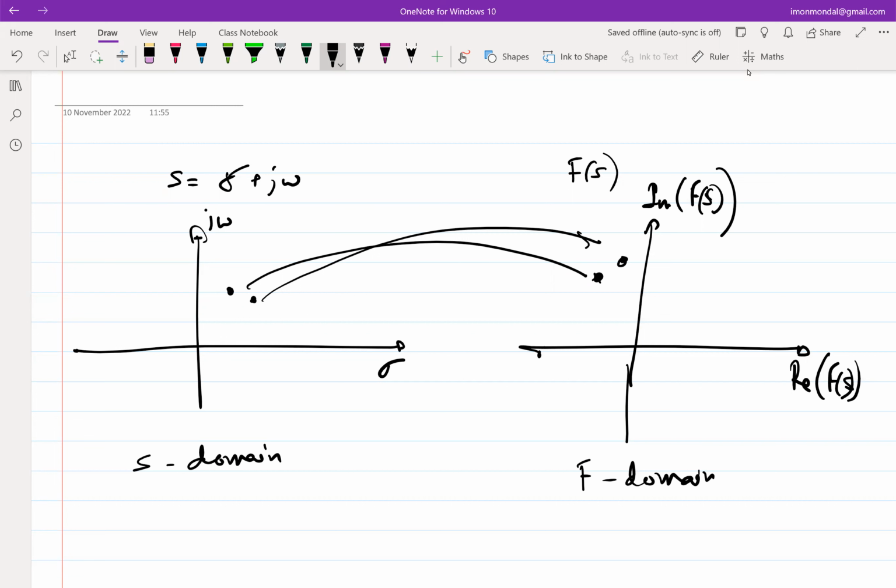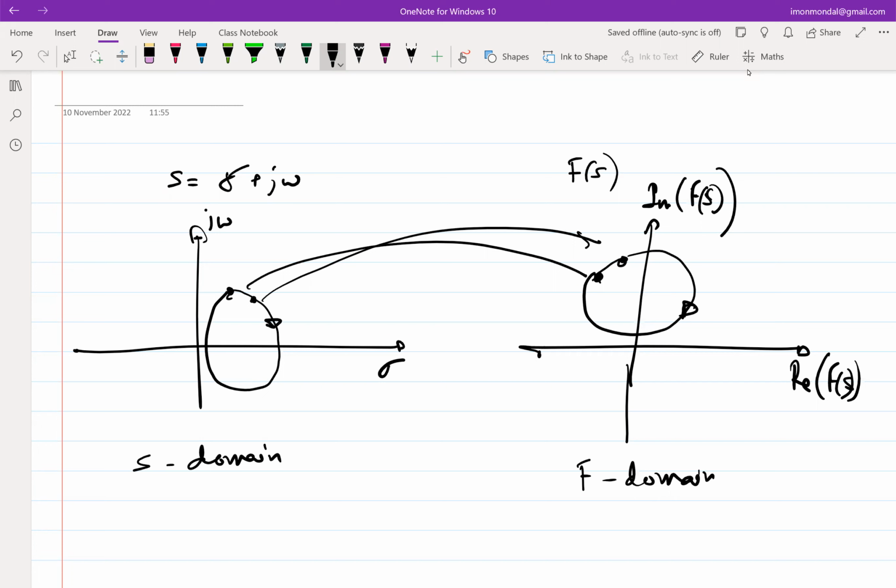And if I keep on doing that, and let's say I choose any arbitrary contour on the S domain, and I take all points on this contour, then as it turns out, and it's also quite intuitive, on the F domain you will also have some sort of a closed shape.